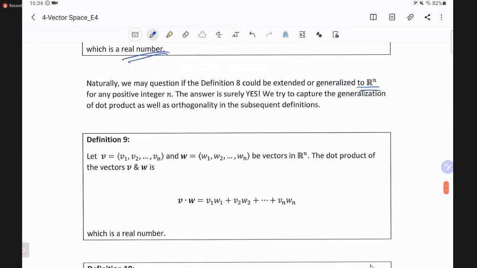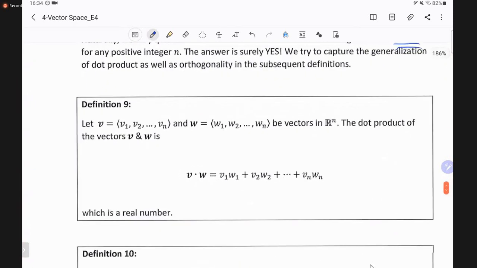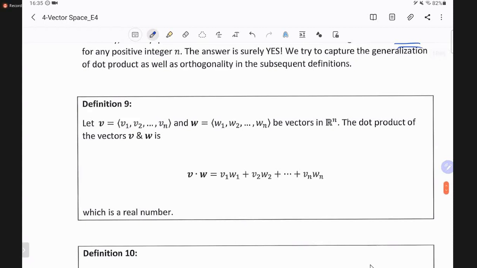So let's go to definition 9. Similarly, we consider two vectors, vector v and vector w. The setting is quite similar. Of course, there are different components when we compare with definition 8, but in Rn space, you should expect that there are n components.